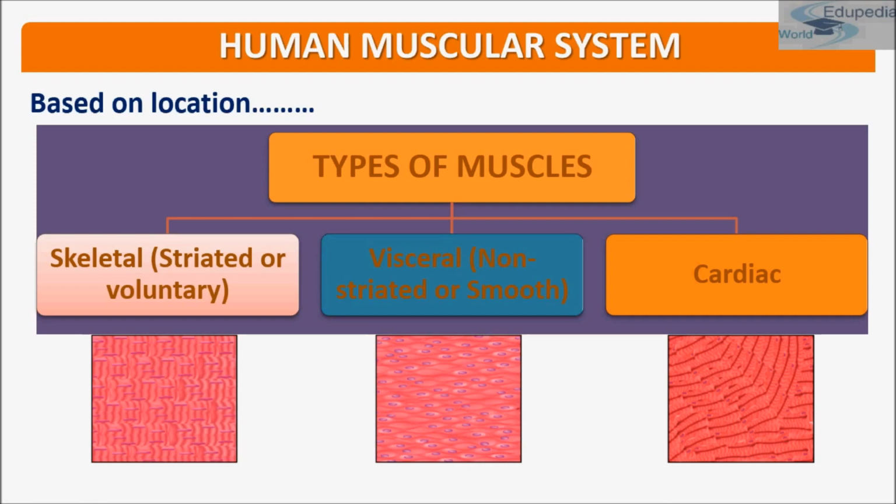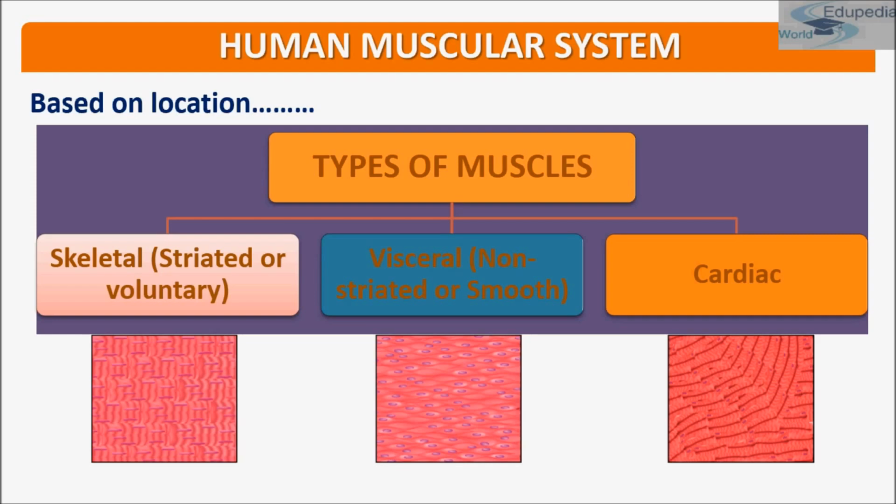Muscles, as we know, are a specialized tissue of mesodermal origin. About 40 to 50% of the body weight of a human adult is contributed by muscles. They have special properties like excitability, contractibility, extensibility and elasticity.